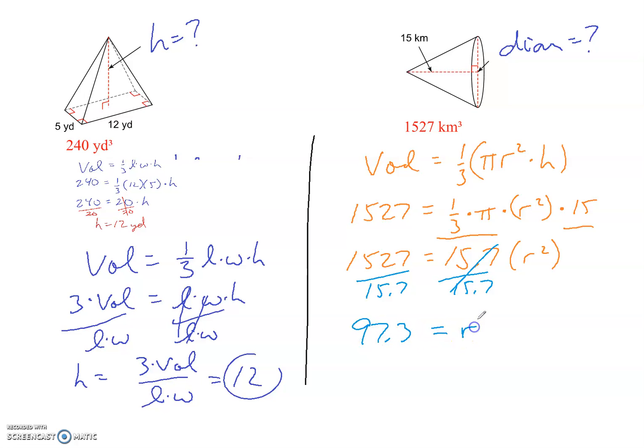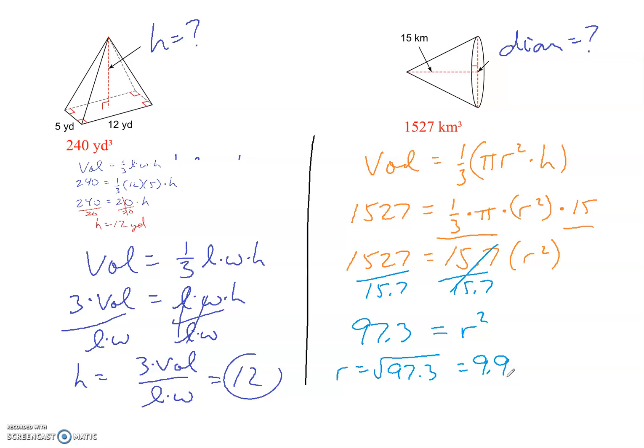And this is going to be equal to r squared. Not r, but r squared. So what we need to do to find r is take the square root of this. So you need to take the square root of 97.3, which will give you about 9.9.